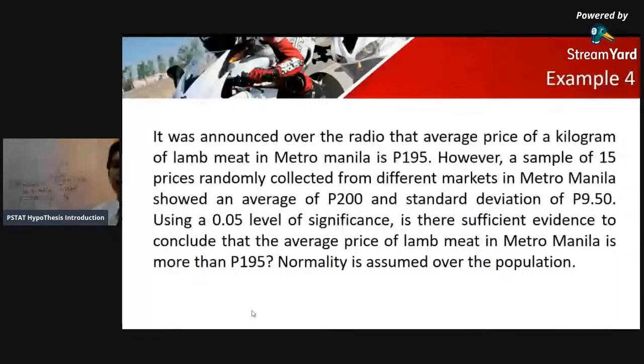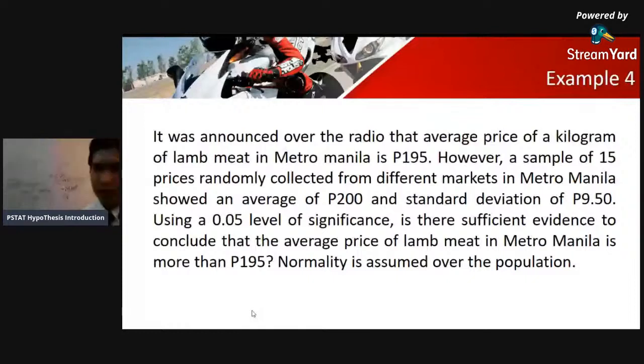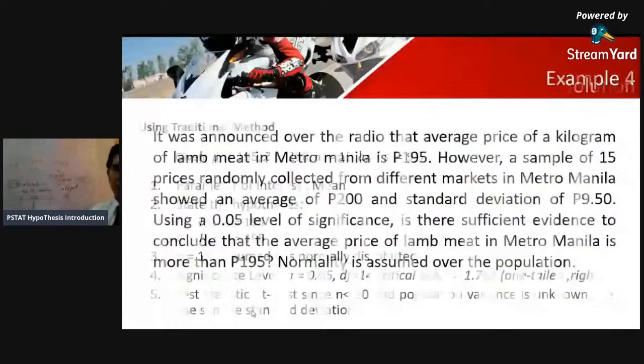From the given, we can formulate the parameter of interest, which is basically the mean. Why again do we use a one-tailed test? Because this is greater than 195, more than 195.